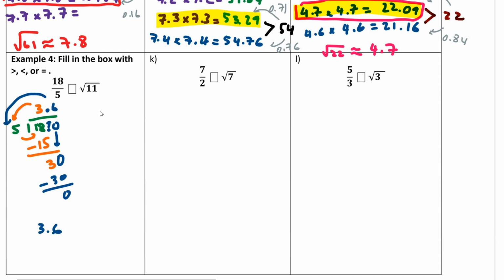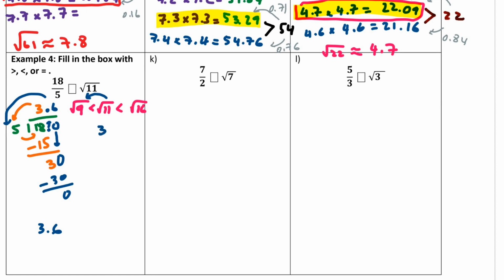Square root of 11. Square root of 11 is not a perfect square number, so we need to estimate. Before square root of 11, the perfect square number is 9. After that, the perfect square number is 16, right? Yes. So square root of 11 is closer to square root of 9, so that would be 3 point something.